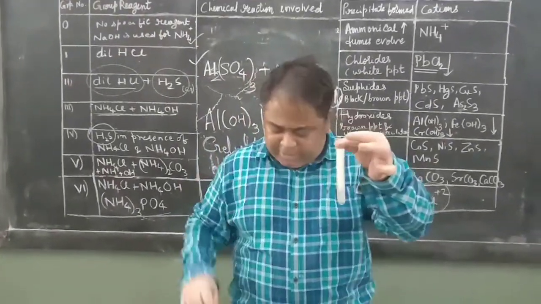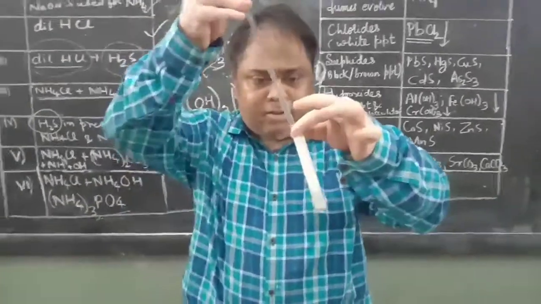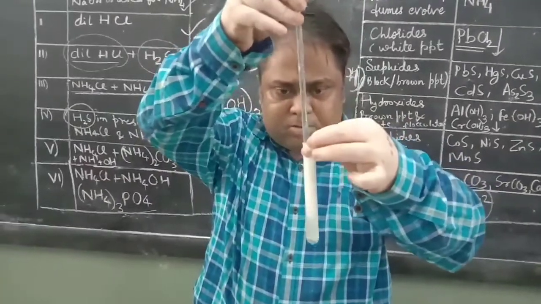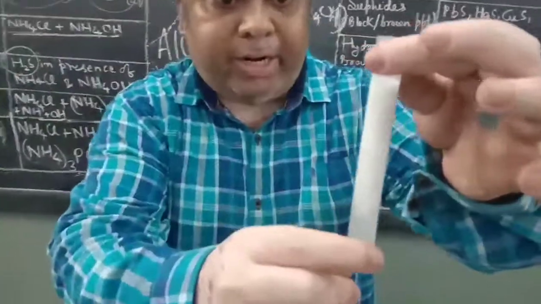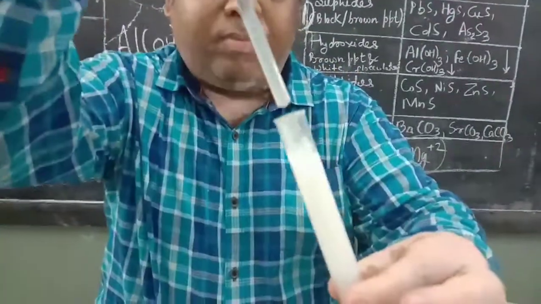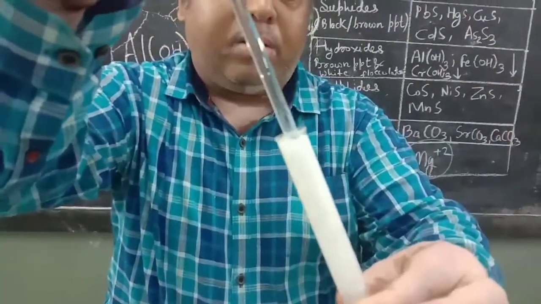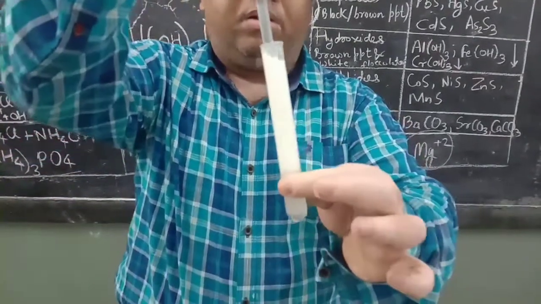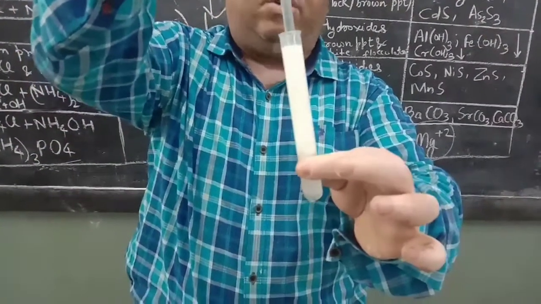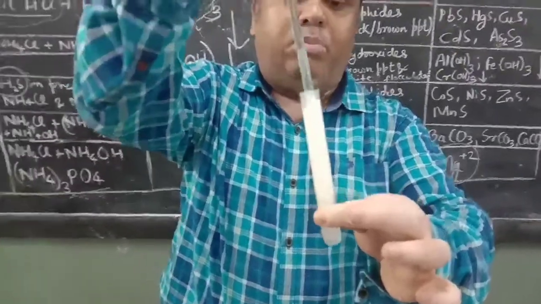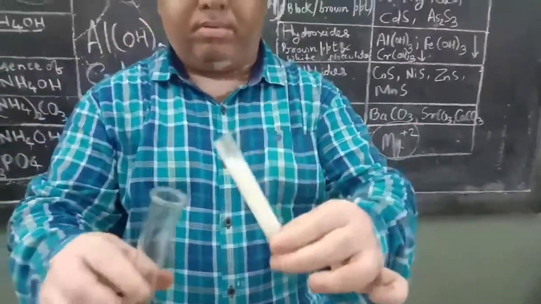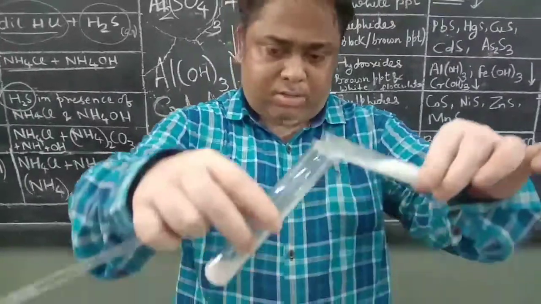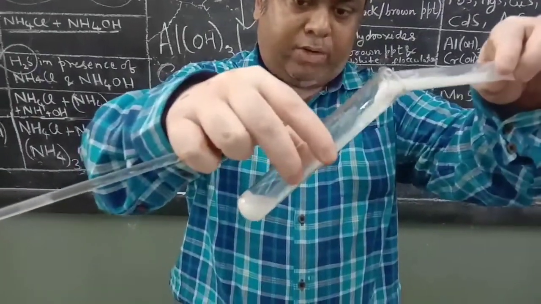This density will increase if I scratch the wall of the test tube. See the precipitate, how curdy it is. The more I scratch the wall of the test tube, the more curdy precipitate will be there. See, earlier how it was, now it is how.